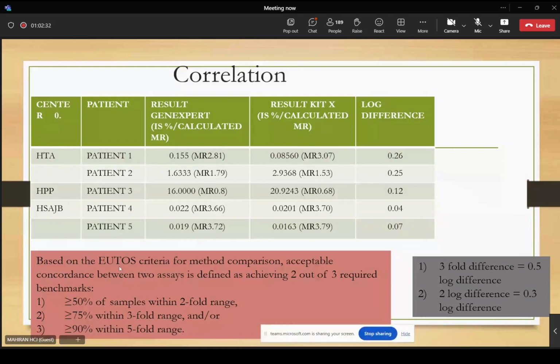So based on UTO's criteria for method comparison, acceptable concordance between two assays is defined as achieving 2 out of 3 required benchmark. So kita refer pada UTOS ni jugalah untuk result correlation ni. Okay, next.